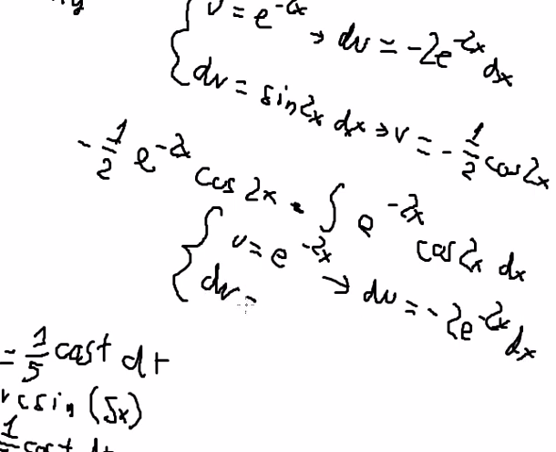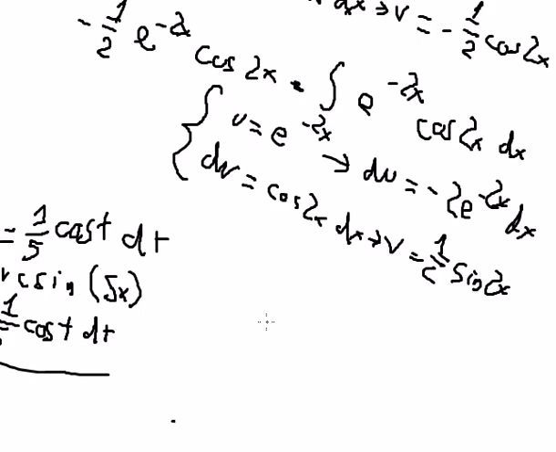dv, you got cosine 2s ds. So you got v equal to 1 over 2 sine 2s. So we calculate for this one. Because we had a negative, that's why I put negative in here.